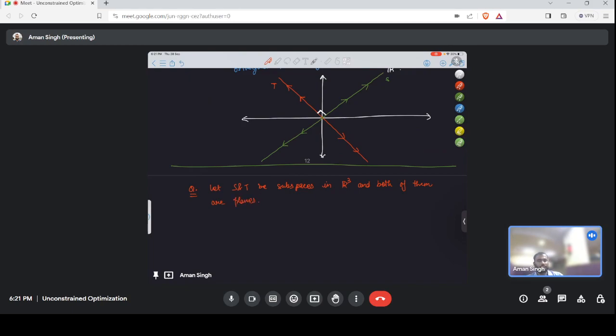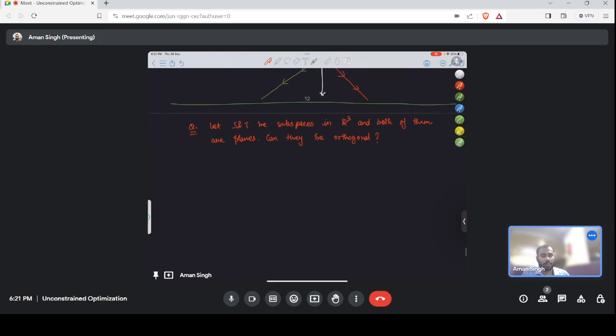As we learned, subspaces in R cube pass through the origin, and both of these are planes. Can they be orthogonal? This is the question. If you want to think, you can pause the video here and think about it.